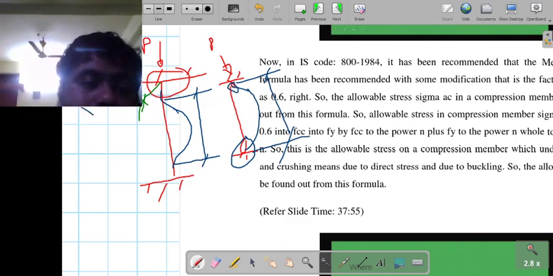Suppose you take this type of support. In this support, one side is fully blocked, but on this side horizontal movement is permitted. The horizontal and vertical movements are blocked on one side, but on the other side horizontal movements are permitted, so it will buckle like that, from here to here.